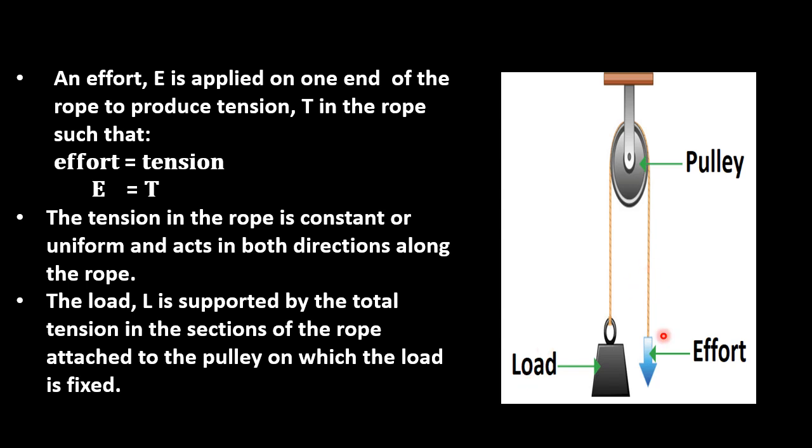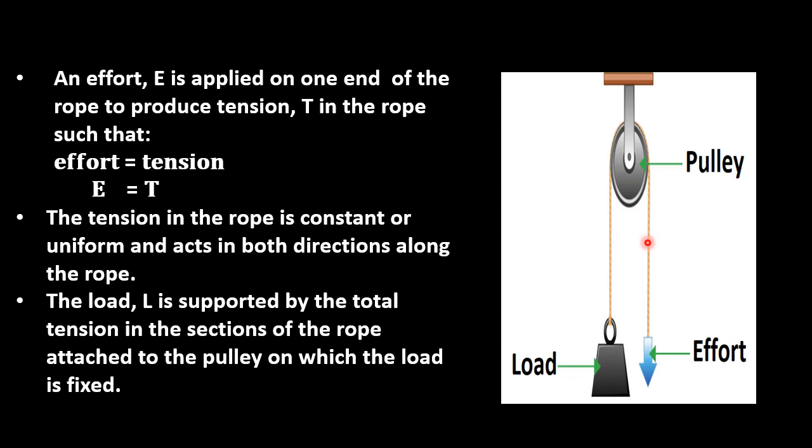So what we are saying here is that we have a pulley here with a single wheel, and here we have a load. Load is mostly the weight which has to be lifted up when a force called effort is applied. By pulling in this direction on the string, the string becomes tight.